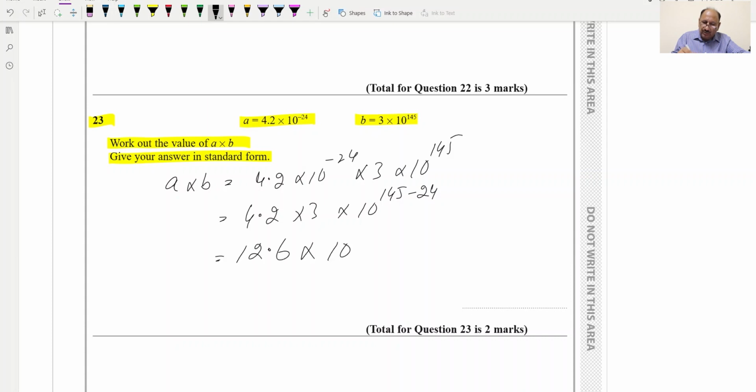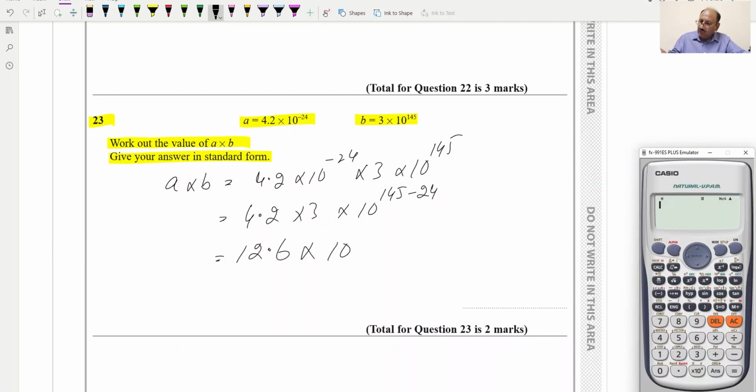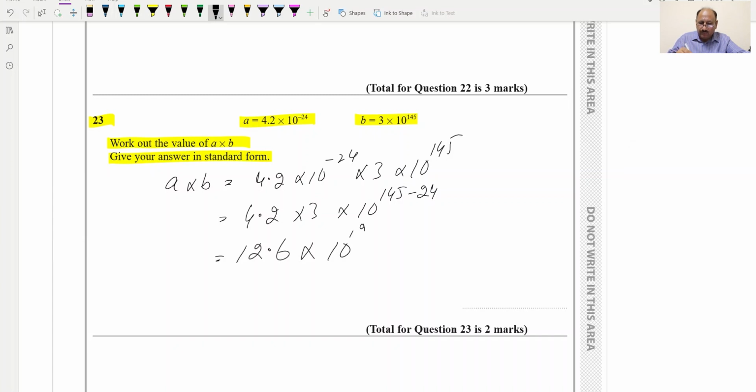12.6 into 10 raised to the power 145 minus 24, which is equal to 121.